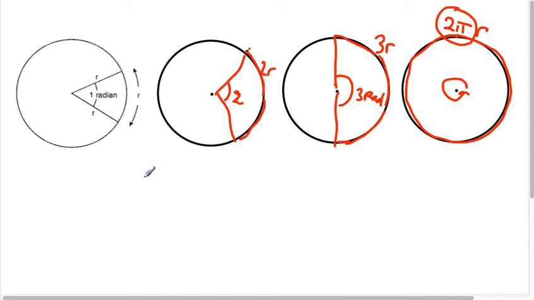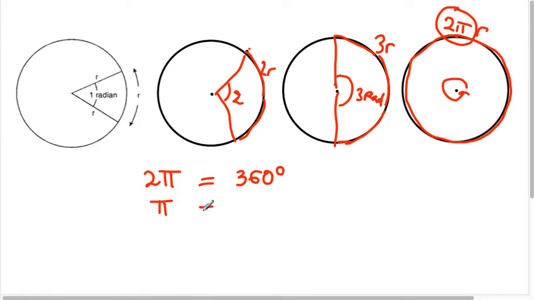So here in radian, a full revolution is actually 2 pi. And this is comparable to, if we measure in degrees, the full revolution being 360 degrees. So then we have a comparison between radian and degrees right away. 2 pi radian is equal to 360 degrees.